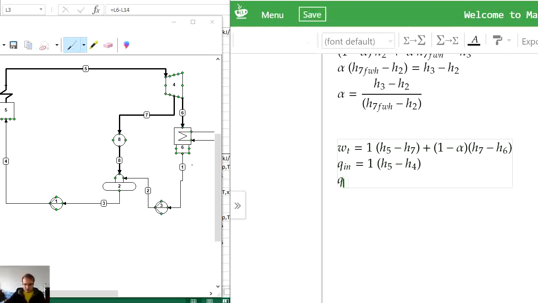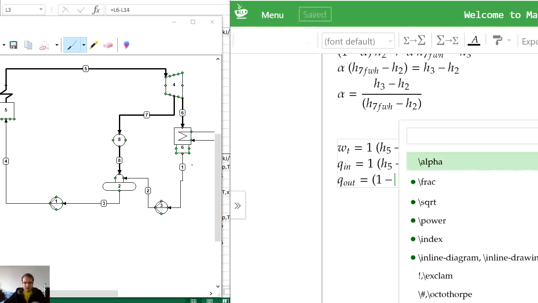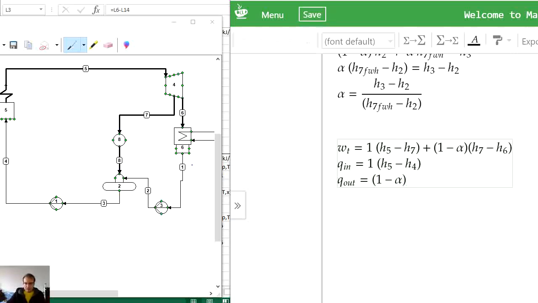So Q out will be 1 minus alpha times H6 minus H1.